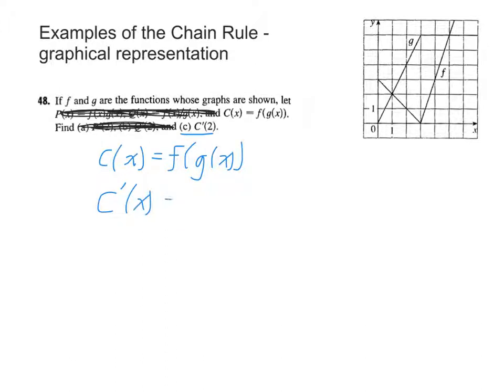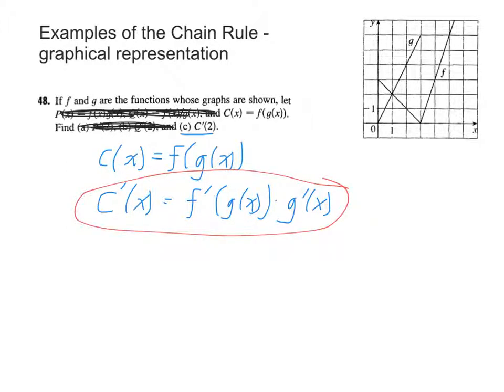That means its derivative is going to be f prime of g of x times the derivative of the inside. There it is again. All right, c prime of 2 is equal to f prime of g of 2 times g prime of 2.